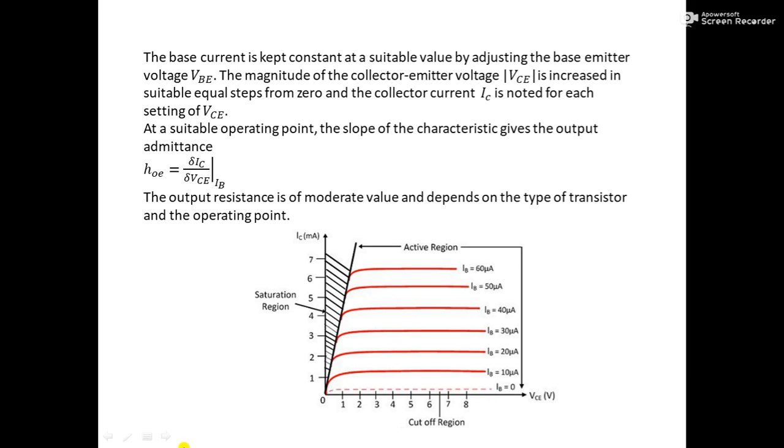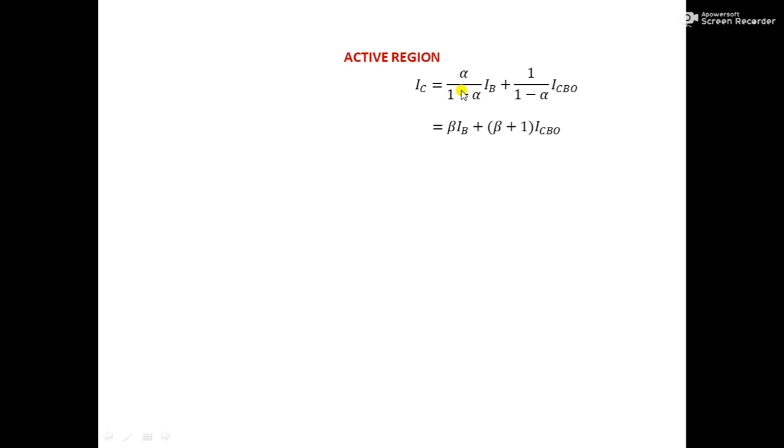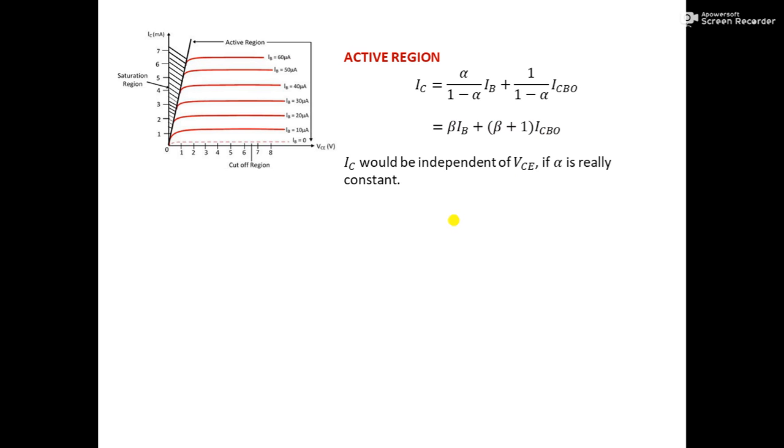We know the relation IC is equal to alpha by 1 minus alpha IB plus 1 by 1 minus alpha ICBO, that was explained in the last lecture, and alpha by 1 minus alpha is equal to beta. So you can write this as beta IB plus (beta plus 1) ICBO. IC would be independent of VCE if alpha were really constant, and consequently the output characteristic would be horizontal.